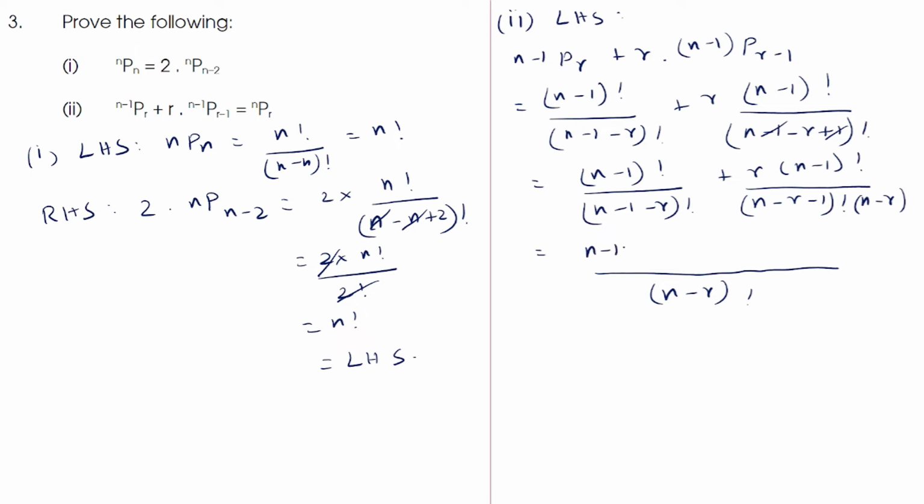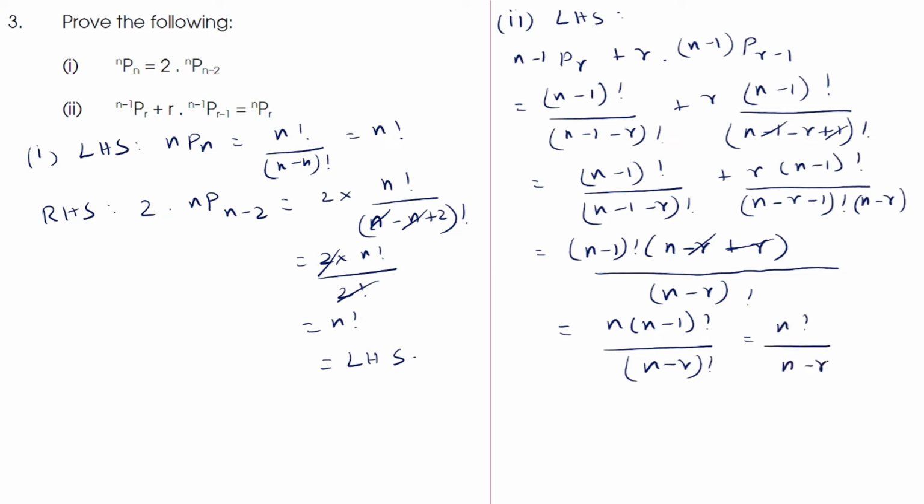The numerator (n minus 1) factorial is common, it can be taken outside. So here we have (n minus r plus r) in the numerator. So these two will cancel out. So we have n into (n minus 1) factorial upon (n minus r) factorial. Now n into (n minus 1) factorial is n factorial upon (n minus r) factorial. So this is equal to nPr, which is the right hand side. So we have proved.